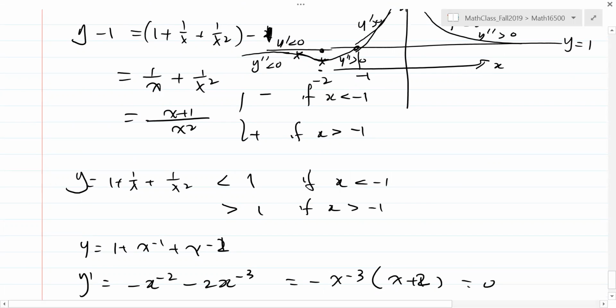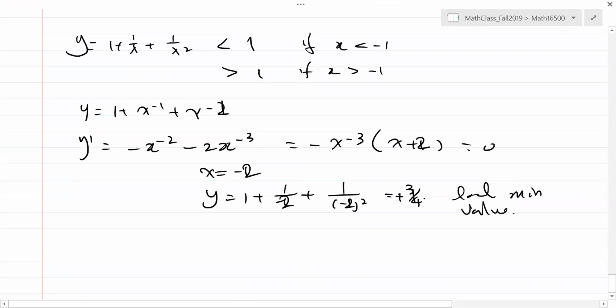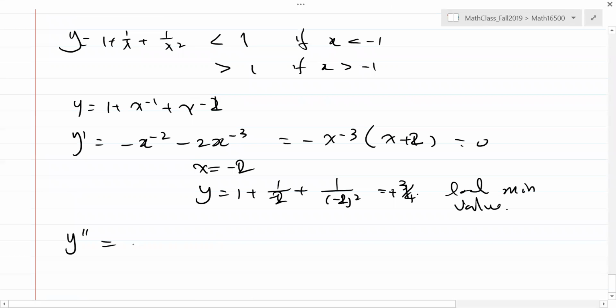So now I'm going to find the inflection point. I needed to find the second derivative. So second derivative, clearly it's a change of signs when x goes across -3.